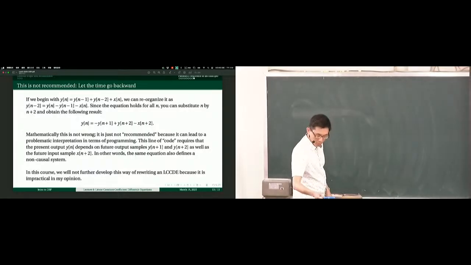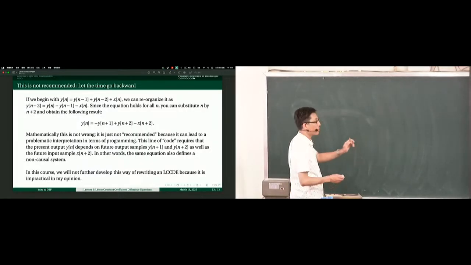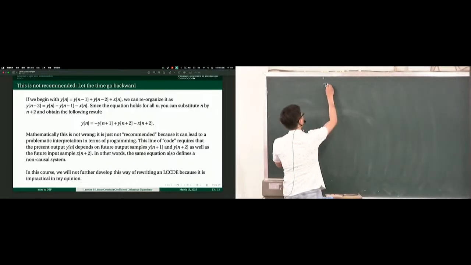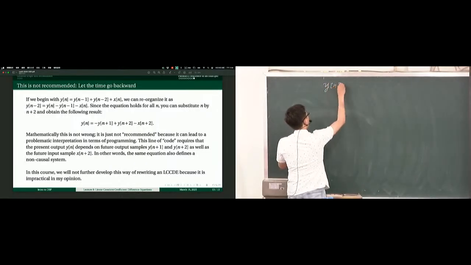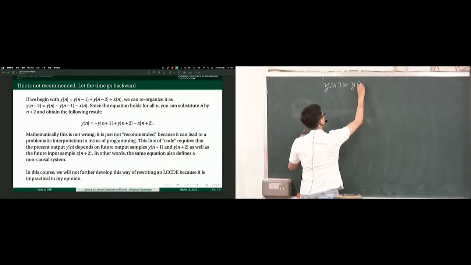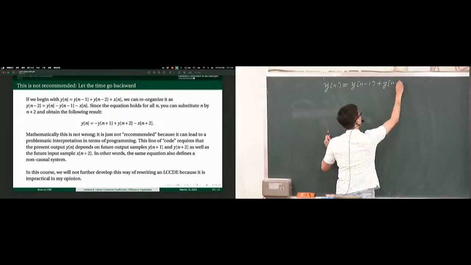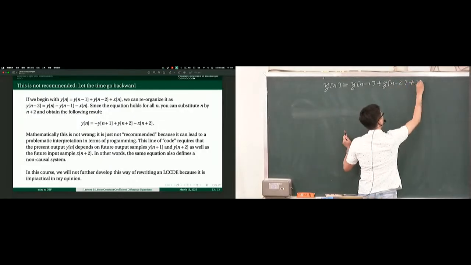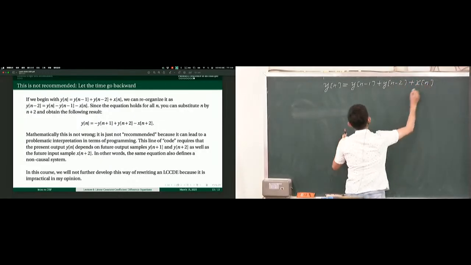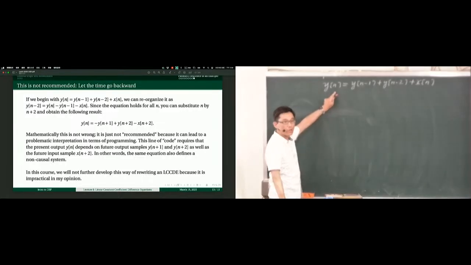So the idea is this, which is not recommended. I don't recommend doing this. But let's begin with still this equation: y_n equals the sum of two past samples plus any input that we receive, as one line of code or as a mathematical equation.